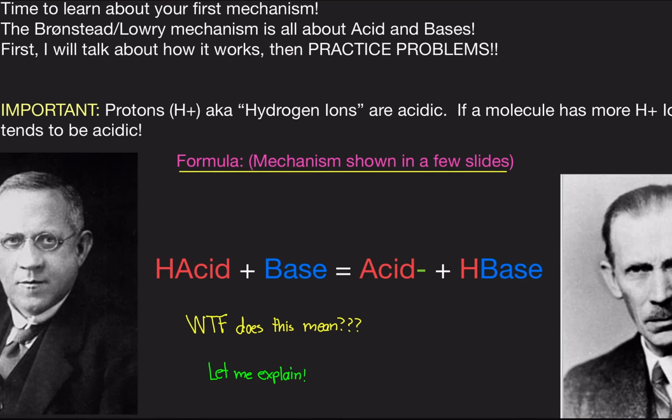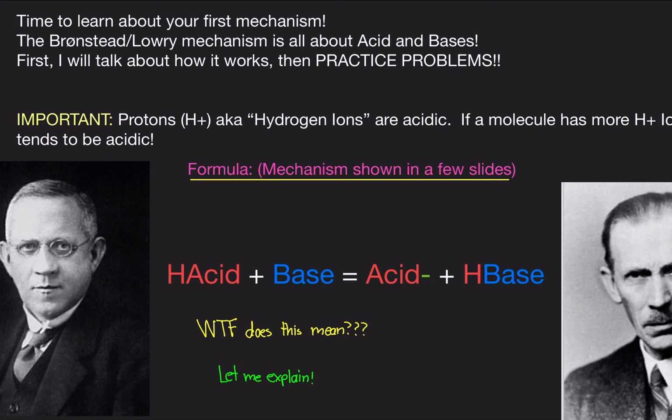So first, we need to describe what an acidic molecule is. We're dealing with acids and bases, acidic molecules and basic molecules. So what is an acidic molecule? Well, if you learned in chemistry or even biology, you may have learned about the pH scale. The pH scale goes from 1 to 14, with a lower number being more acidic and a higher number being more basic.